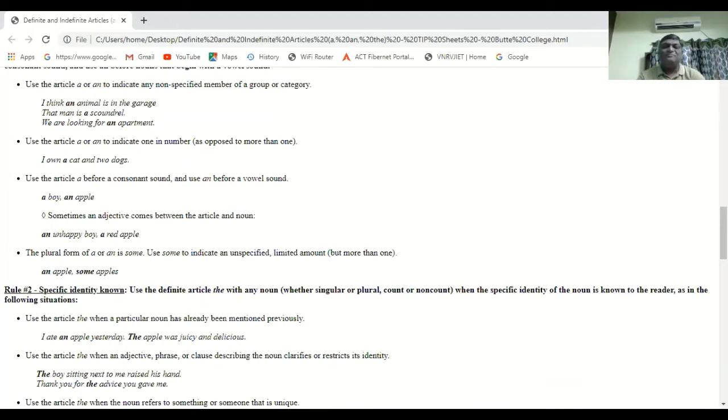When you use unhappy, then your article comes before unhappy. Then you have to use the article keeping in view the word unhappy, not boy. You have got nothing to do with boy. You have to choose the article keeping in view the immediate word.